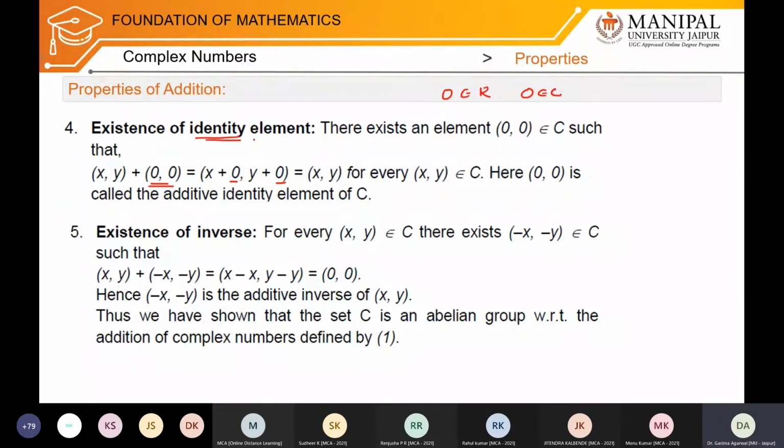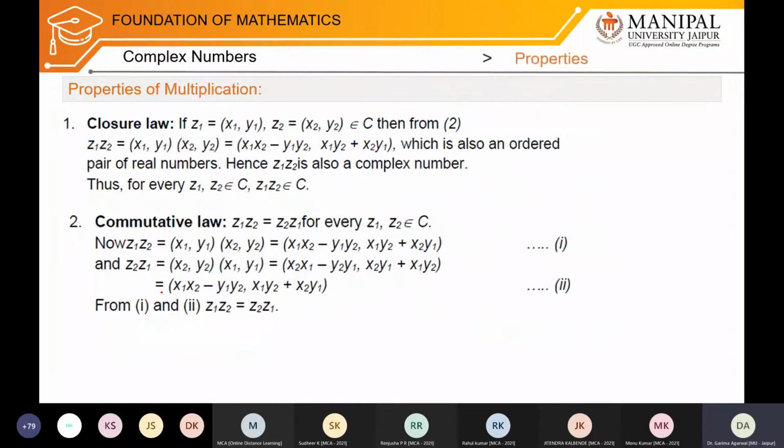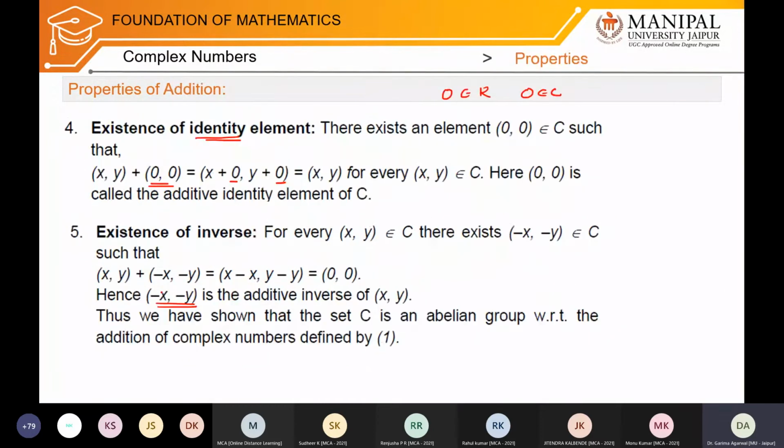So identity also exists for complex numbers for the addition operation. Then inverse also exists because minus x, minus y is an element of real numbers. So inverse also exists for addition for complex numbers. And we say that complex numbers form an abelian group with respect to addition, right? All these properties are for a group.